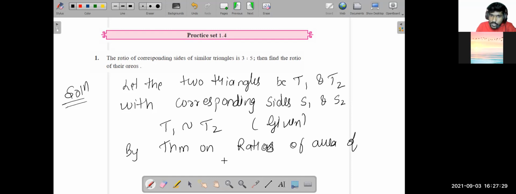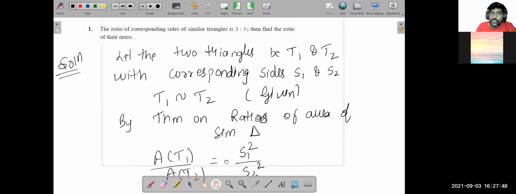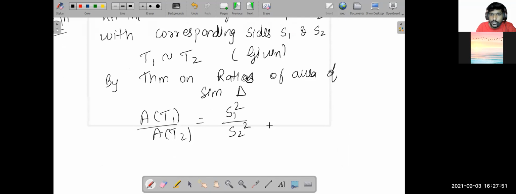area of T1 upon area of T2 will be equal to the squares of the corresponding sides, so S1 square upon S2 square. Now, the ratio of the corresponding sides is given 3:5.